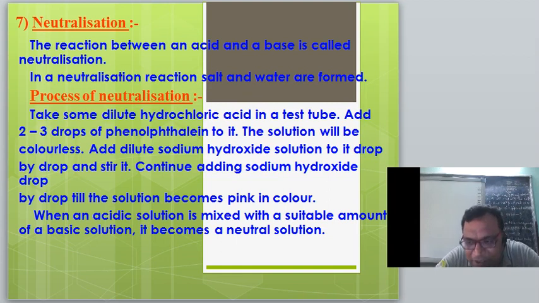First, hydrochloric acid is taken in a test tube, and 2 to 3 drops of phenolphthalein are added. What is the effect of phenolphthalein here? Phenolphthalein is a reagent which determines acidity and basicity by changing its color in the solution.